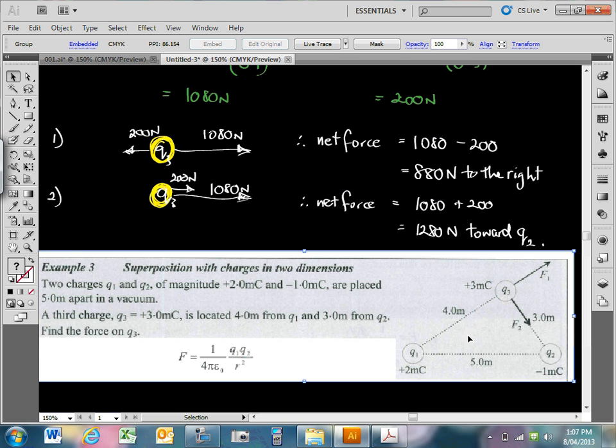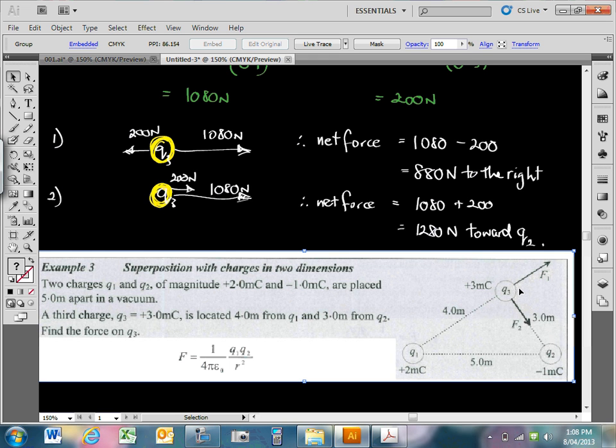It's no harder than the last problem. In fact, the difficulty is not in calculating the force on Q3 due to Q1 or due to Q2. The difficulty is in this vector addition that we have to do afterwards.